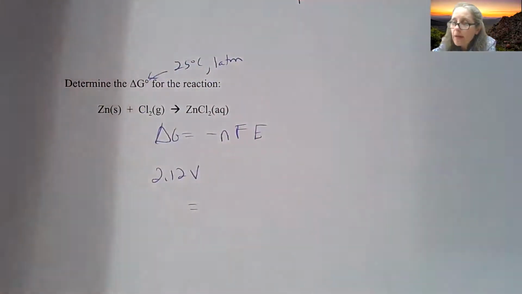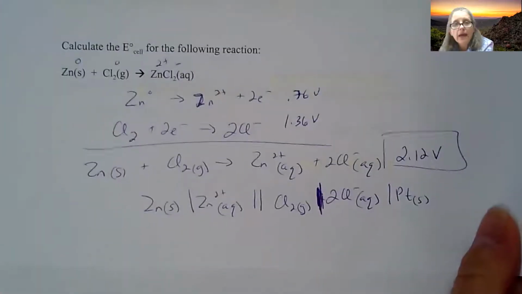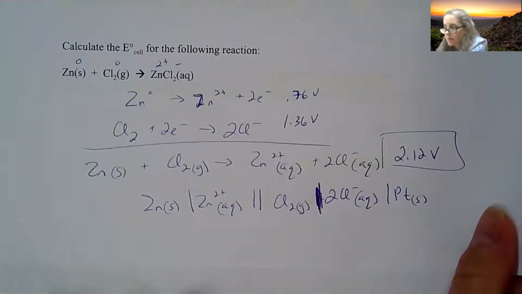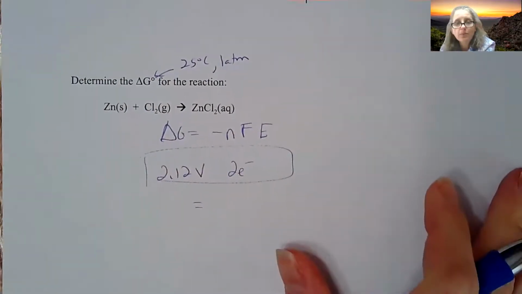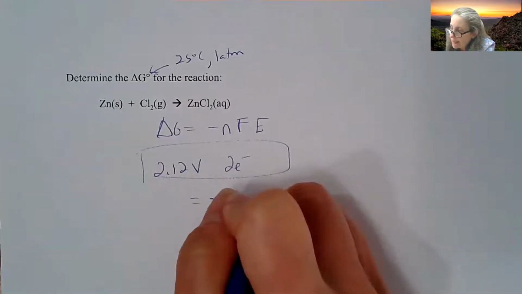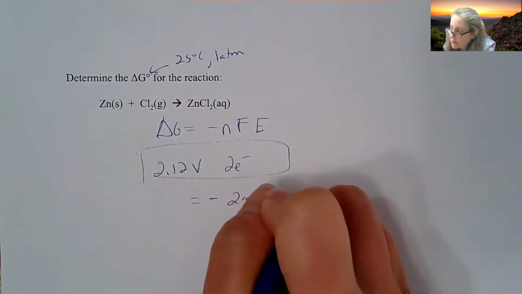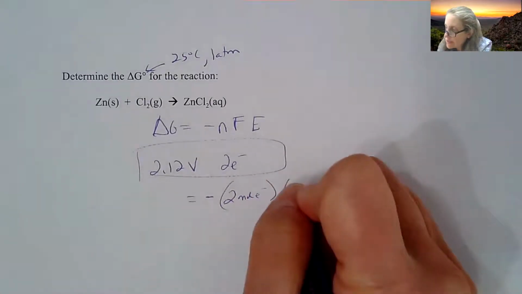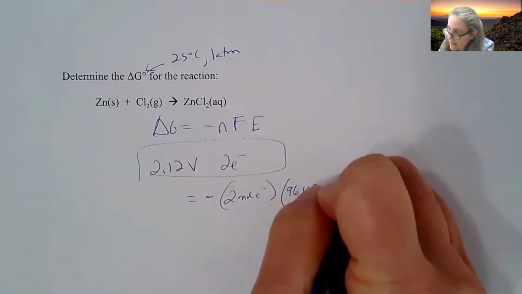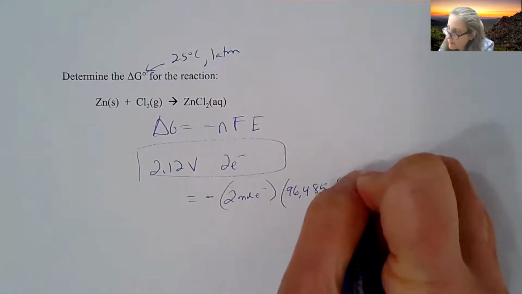So in this balanced equation, how many electrons did I transfer? Well, it was a total of 2 electrons. So I could write down 2 electrons are being transferred from the previous problem. So I'm going to put a negative 2 moles of electrons times my Faraday, which is 96,485 coulombs per mole.